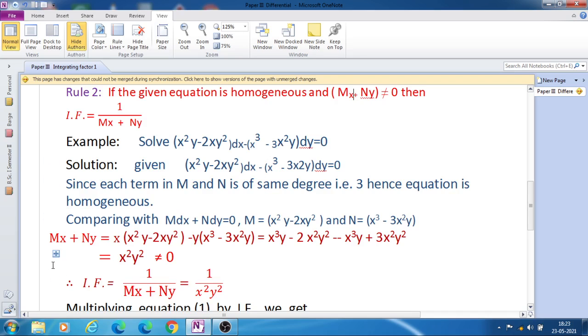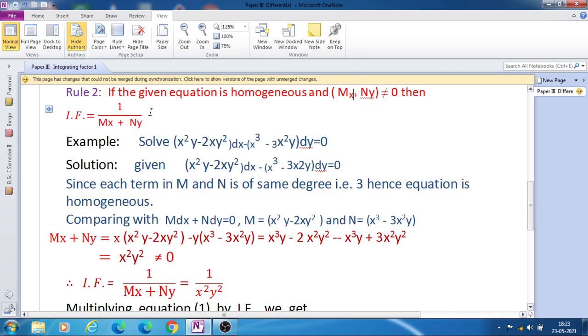So calculate mx plus ny, x into m plus y into n. Multiplying m by x and n by y and taking addition, solving this, we get x square into y square, and this is not equal to 0.